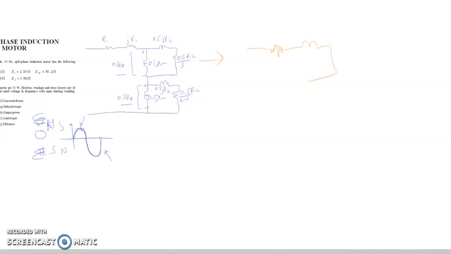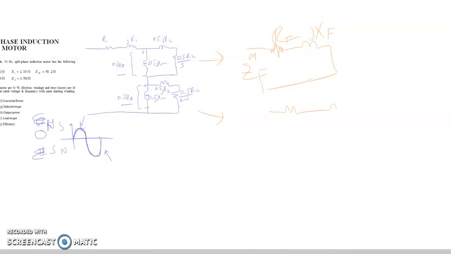Instead of 0.5 ZF here, you have to get the Thevenin equivalent circuit of R forward and JX forward, for this Thevenin equivalent impedance. The same goes for the backward part.